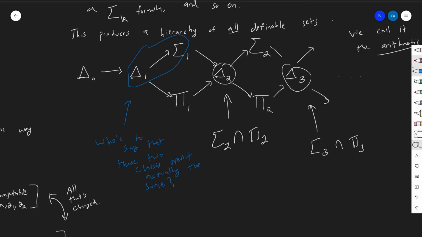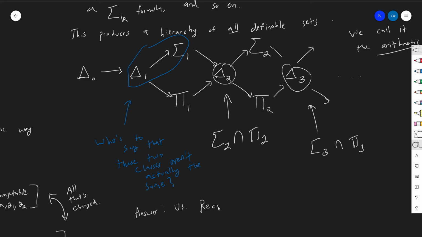And the answer is us. We've proven it already. Why? We've proven it by showing the existence of the halting problem, because the halting problem is in RE, but it is not in R.